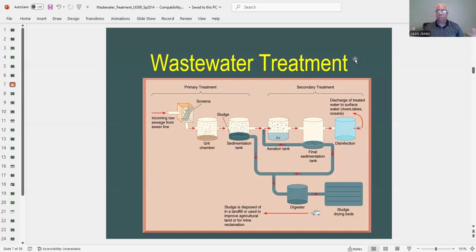Again, the first one goes through a digester after it comes from the sludge drying beds, and then the other is discharge, and it's treated water to surface water, and that surface water goes into lakes, rivers, and oceans.